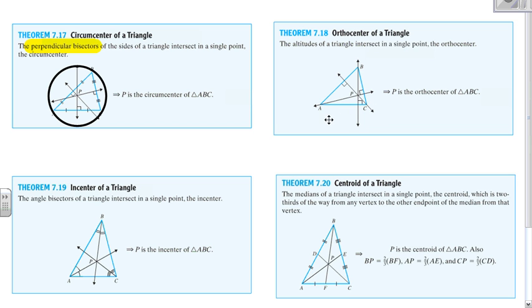So for example, P is the orthocenter of triangle ABC, but B, as in boy, is the orthocenter of triangle APC.